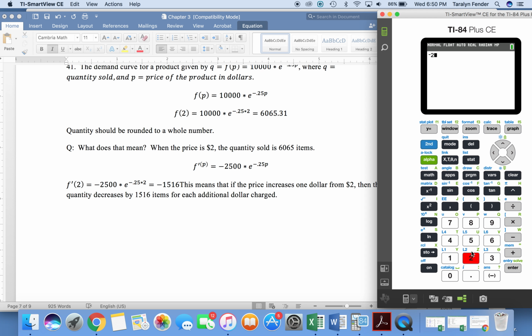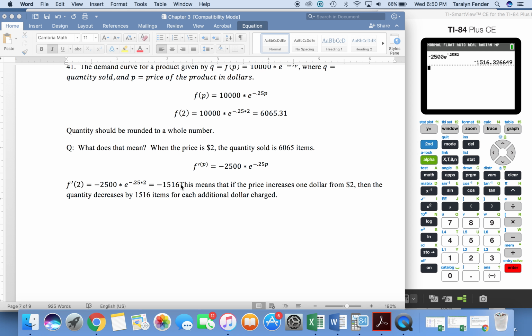Negative 2,500 times e raised to the negative 0.25 times 2, and I get negative 1,516 is the slope at that point.